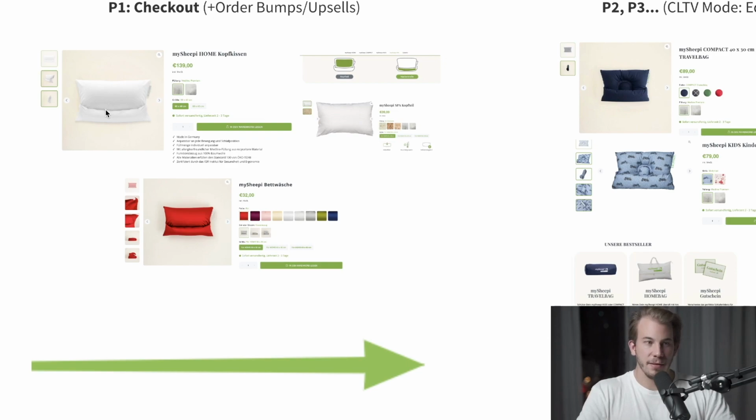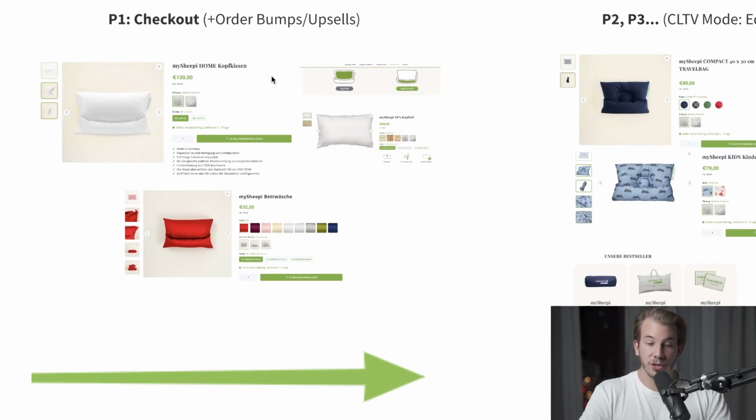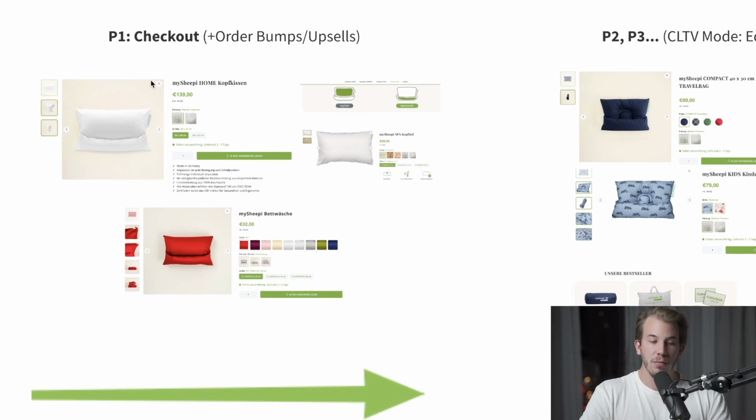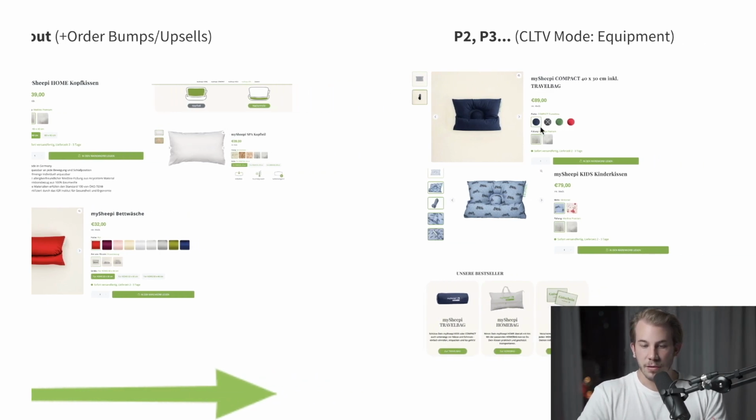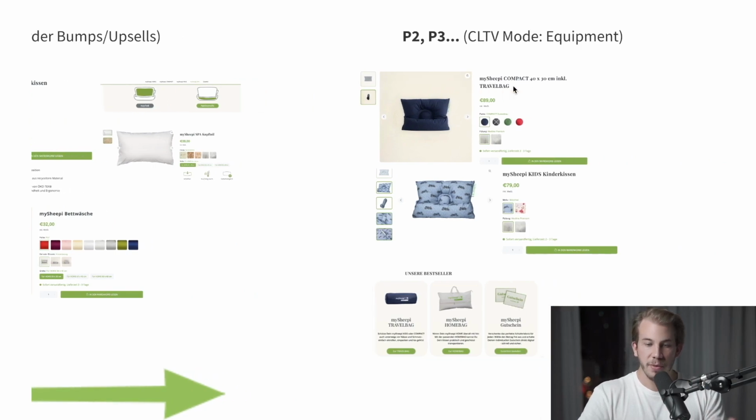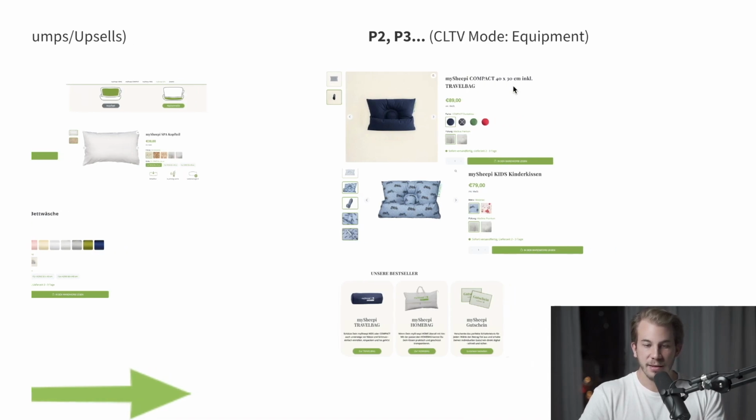And the benefit that this brought was, first of all, it was way more expensive, almost double the price, so we had way better CLTV immediately. It was much easier, and we had a much bigger market to attract, because the travel pillow was mainly used for businessmen, people traveling, like these hikers.